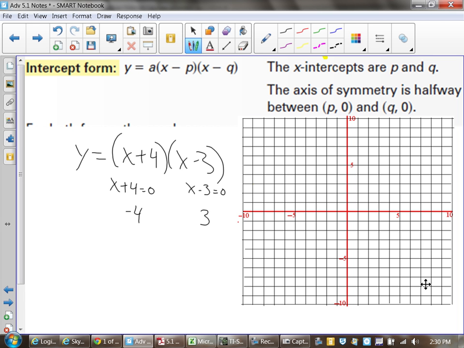If they give you x plus 4, x minus 3, remember, your zero is always the opposite sign. What makes x plus 4 equal to 0? Well, negative 4 plus 4 is 0. What makes x minus 3 equal to 0? 3 minus 3 is 0. So when you go to plot those, that's where you cross the x-axis: negative 4, positive 3.